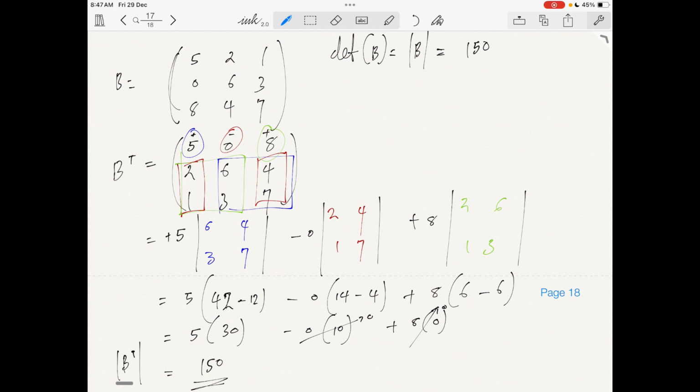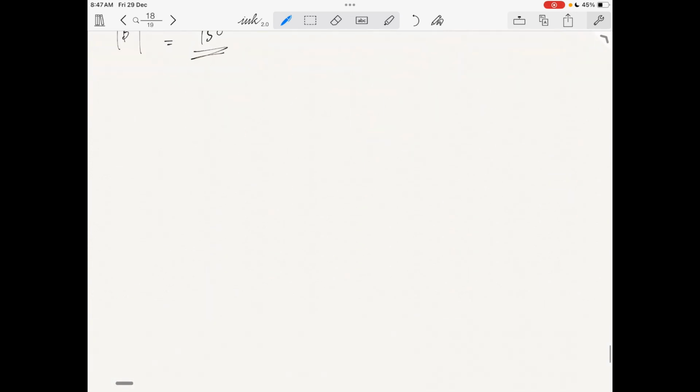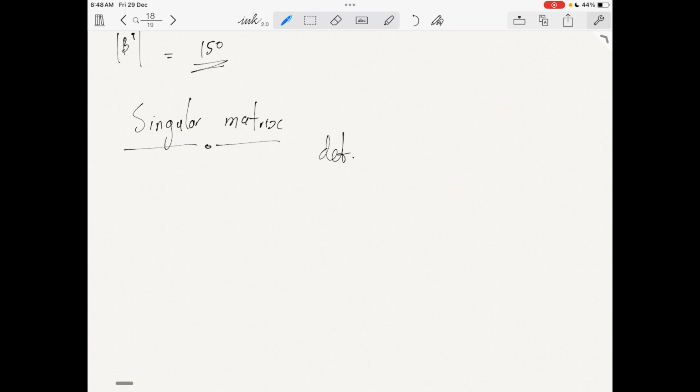Now let's take a look at a special matrix which we call a singular matrix. A singular matrix is one whose determinant is 0. Let's take an example.